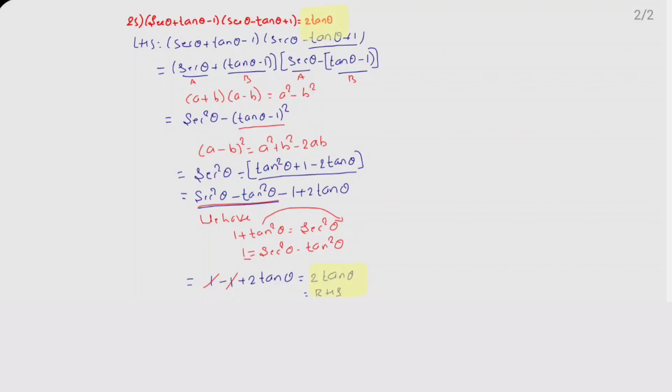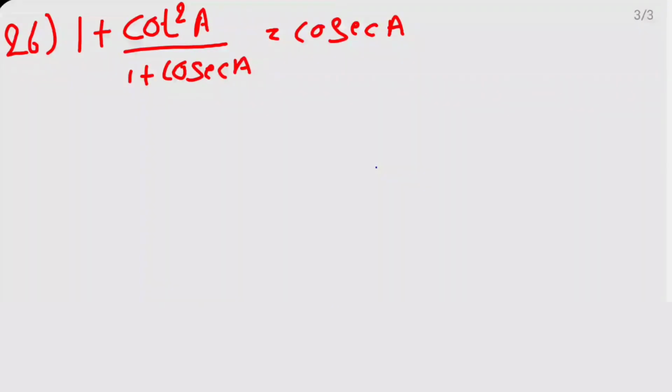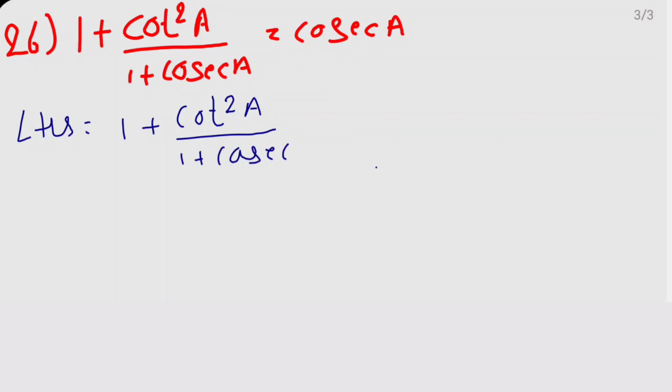Is it clear? So well students, the next problem, the 26th one: (1 + cot square A) divided by (1 + cosec A) is equal to cosec A. LHS is equal to (1 + cot square A) divided by (1 + cosec A).